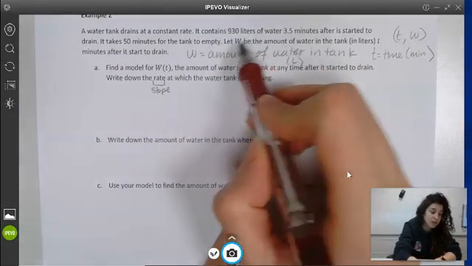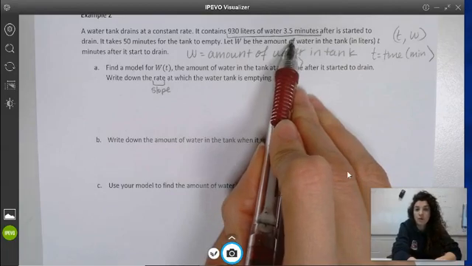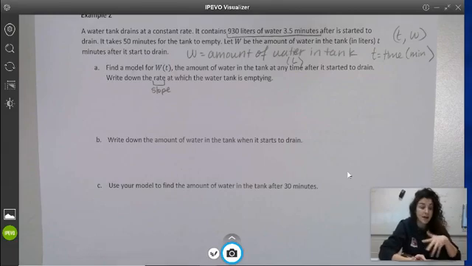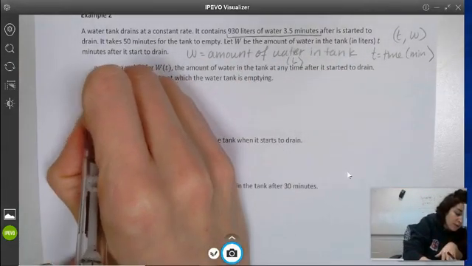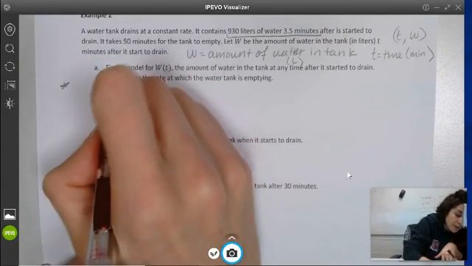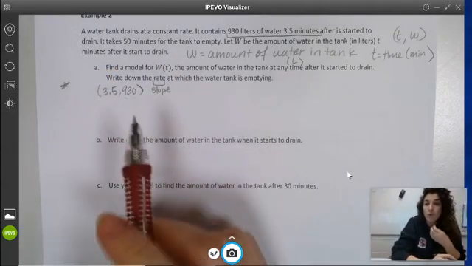If I have a pairing of 930 liters of water to 3.5 minutes, after 3.5 minutes we have 930 liters left, that's a pairing of numbers. That is a point. The point is (3.5, 930). That is our first point.